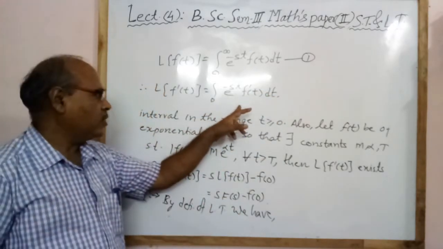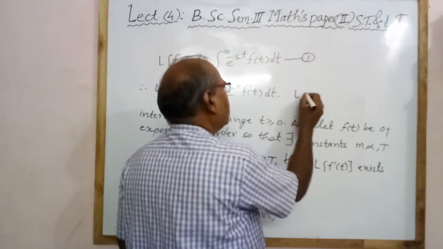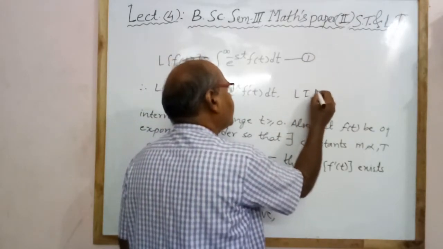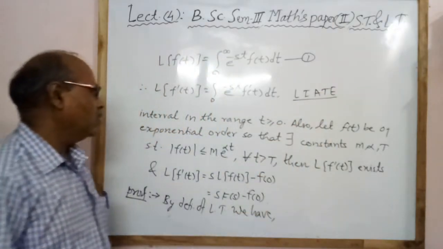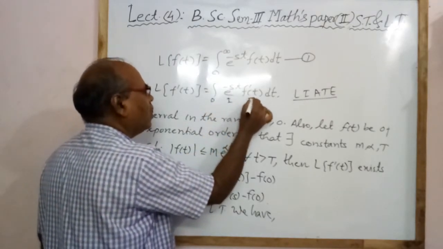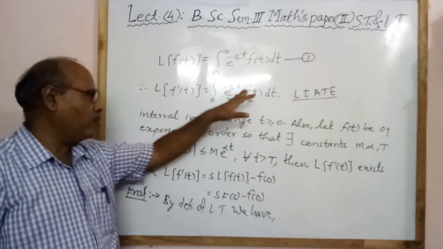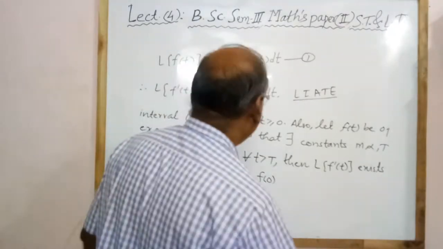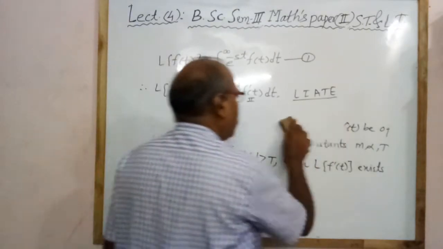Now we integrate the right hand side by integration by parts, by the LIATE rule, taking e to the power minus st as the first function, and f dash of t as the second function. F dash of t means derivative of f of t. Therefore, integration of the derivative gives the original function f of t.